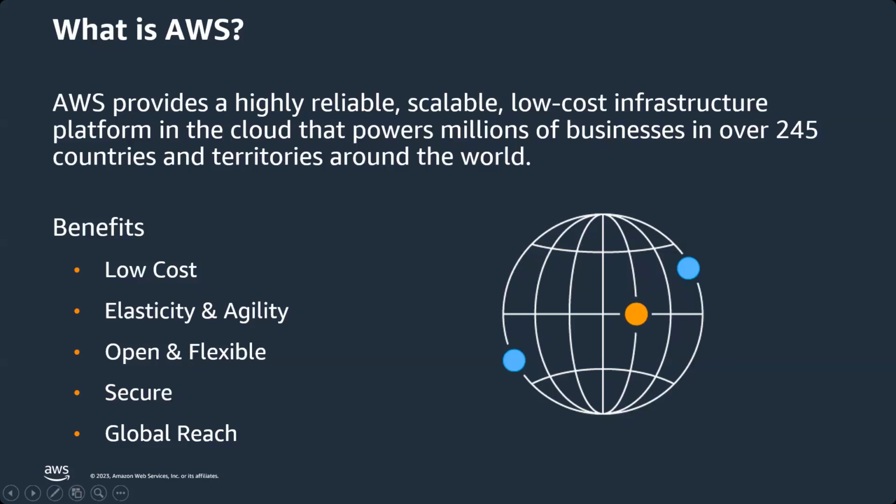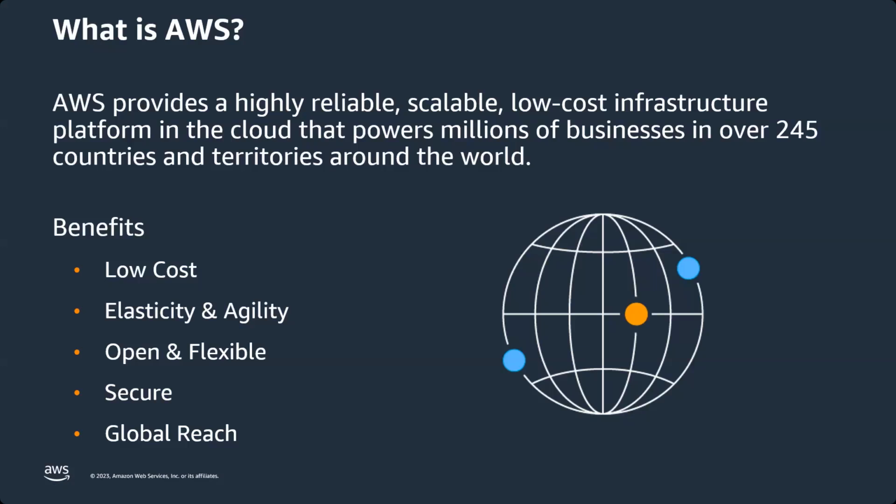All right, so some benefits of the AWS Cloud. First of all, it's about the low cost, right? Secondly, it's about the elasticity and agility. When you're in the cloud, you can select, for example, an instance size. If it doesn't suit you, you can easily scale up or down, and this is done in a very agile way. It's also open and flexible, and it's secure.